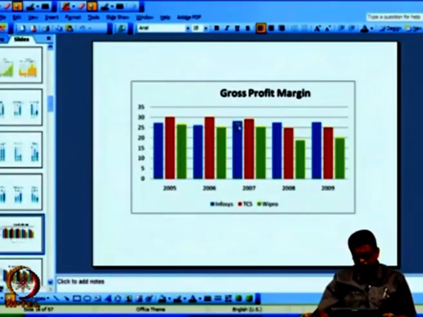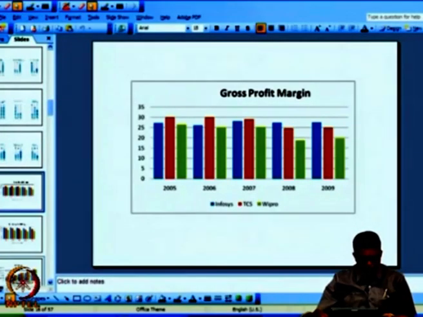So, what does it indicate to you? From 2008, the performance of Infosys compared to the other two majors, that is TCS and Wipro, is recording a higher gross profit compared to them.